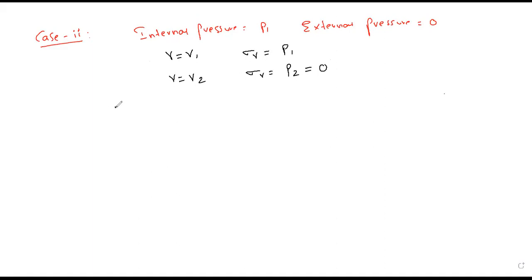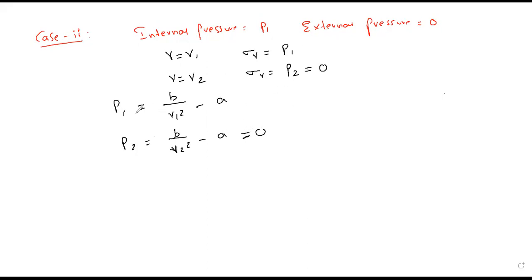So what are the formulas? P1 is equal to B by R1 square minus A. P2 is equal to B by R2 square minus A. From this you can write P2 plus A. P2 is 0, isn't it? P2 will directly be 0, because the pressure is 0.